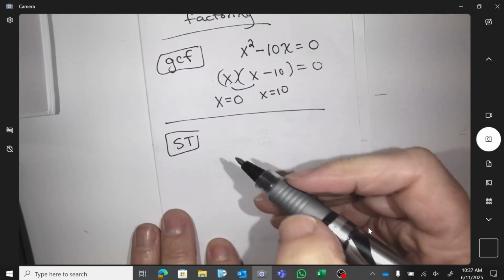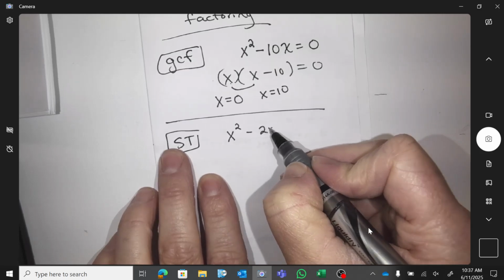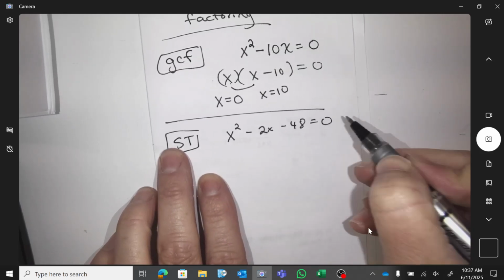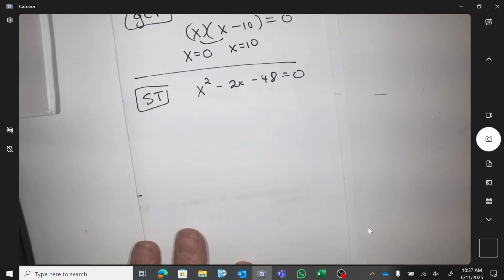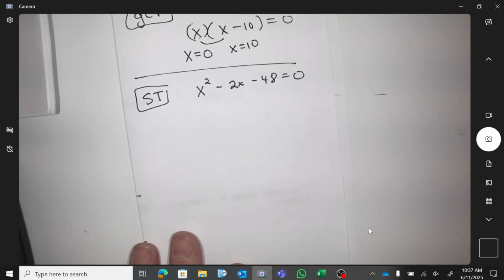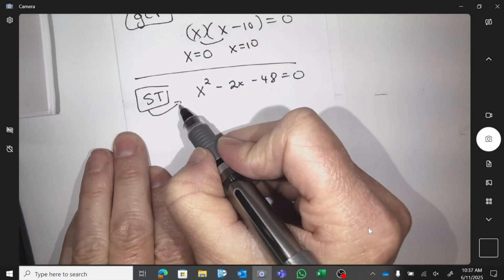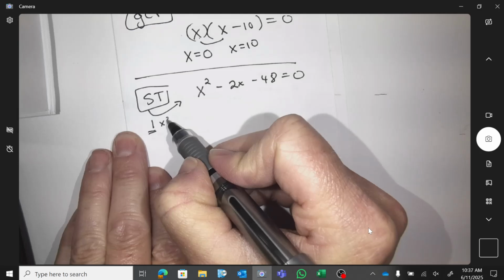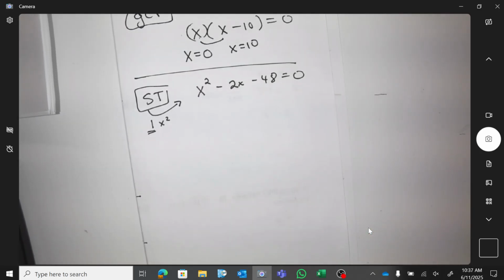Okay. Then we had a simple trinomial. This is a simple trinomial. Why is it simple? Because it starts with a 1, x squared.